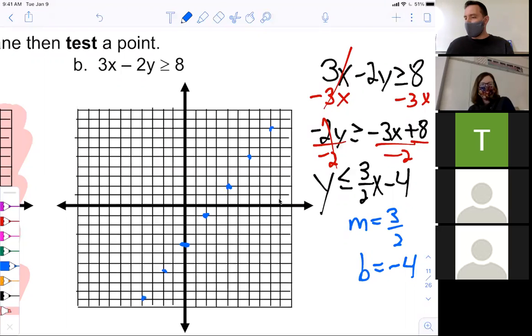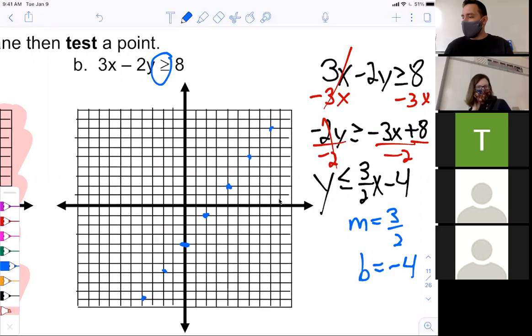TJ, is this going to be a solid line or a dotted line? I can't see the symbol. Oh, right here.